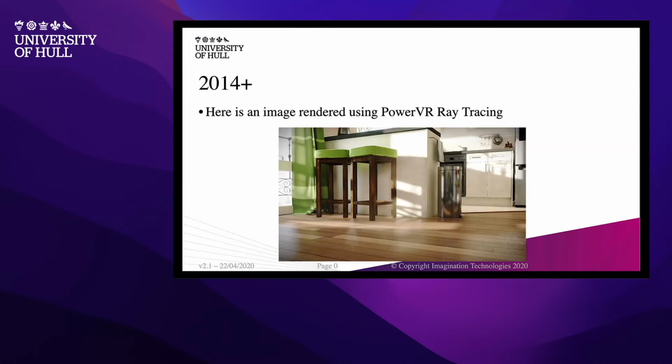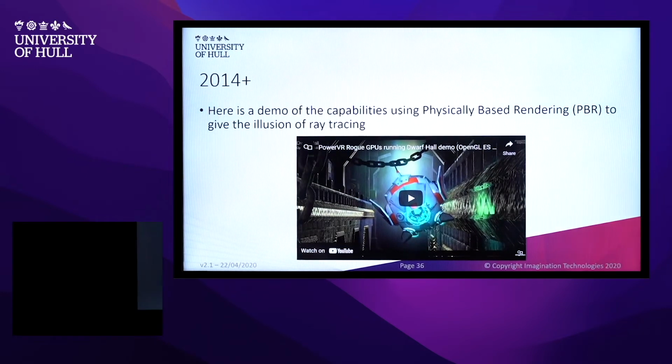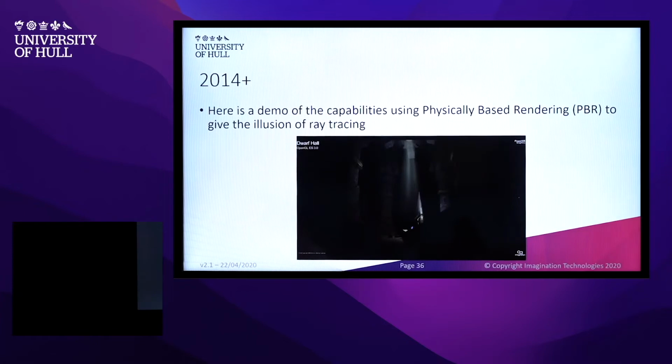And this is actually a screenshot from, again, 2014, the PowerVR ray tracing, which was a part of their design for quite some time now. In fact, this demo isn't ray tracing, this is physically based rendering, which gives you the illusion of ray tracing. And this is all done in real time, running on the PowerVR Rogue GPU.